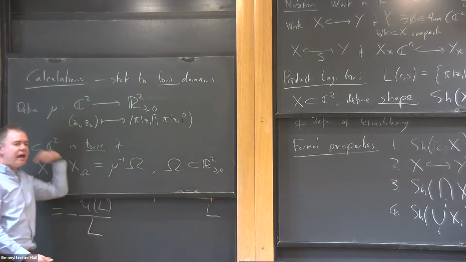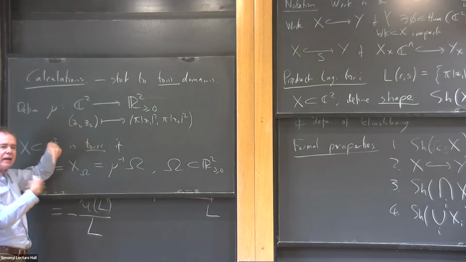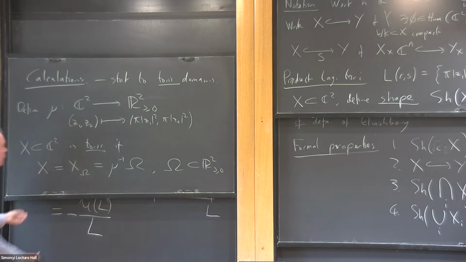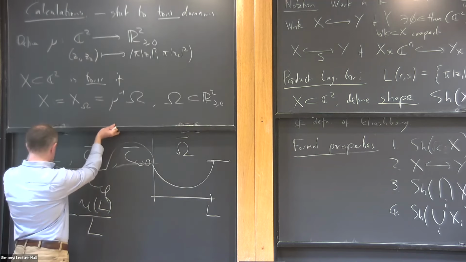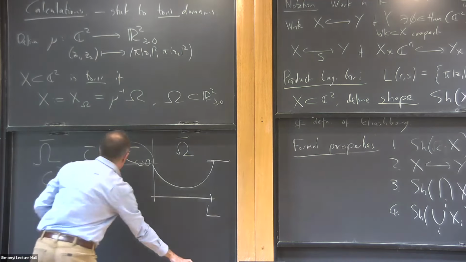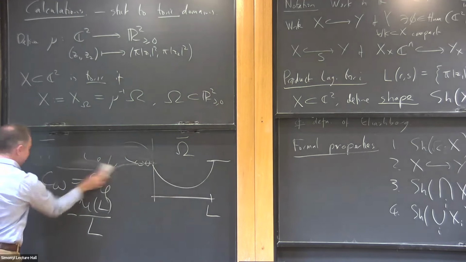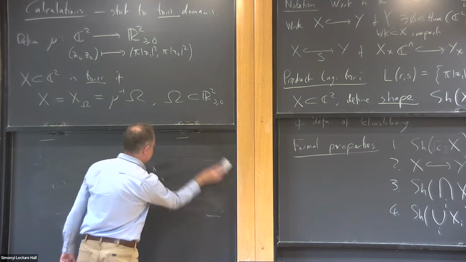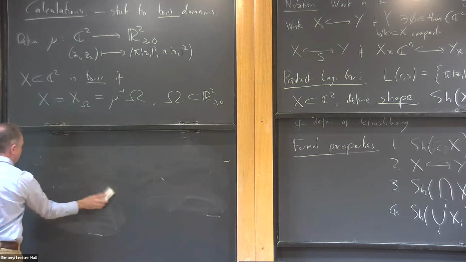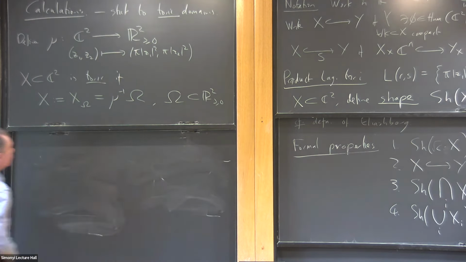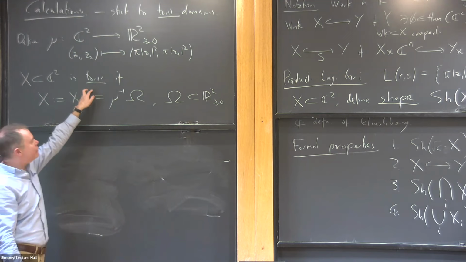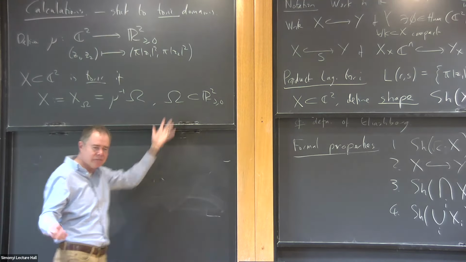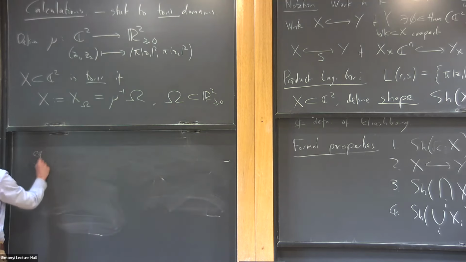So in other words, it's invariant under the standard torus action on C2. Okay, all right, so to write down a toric domain, I just have to write down a subset of R2. It's easy to do.